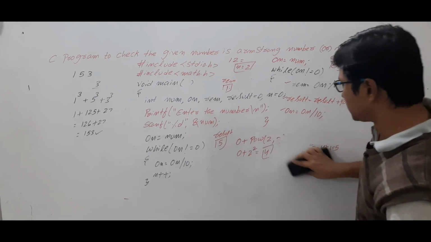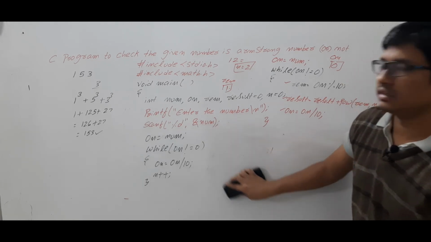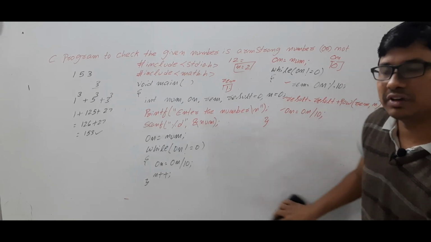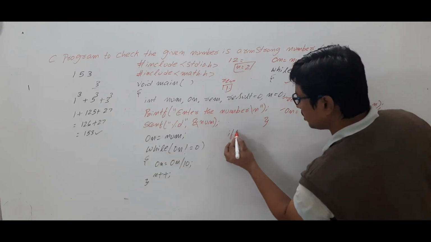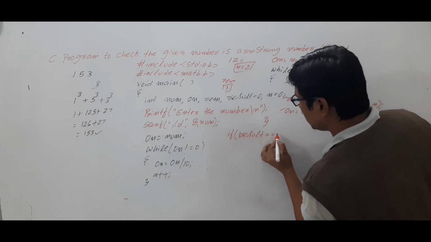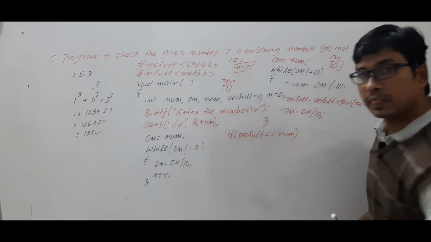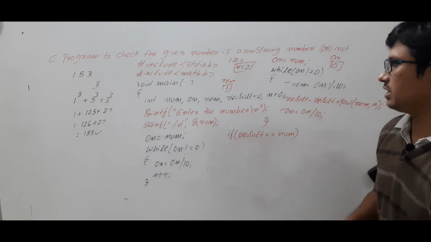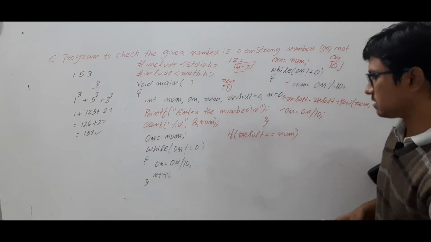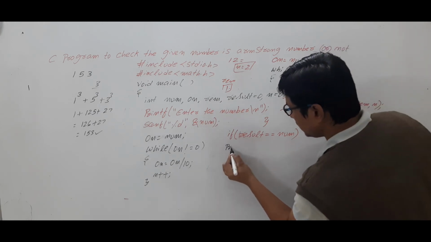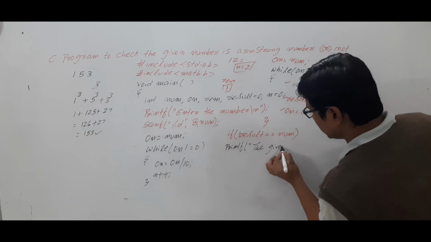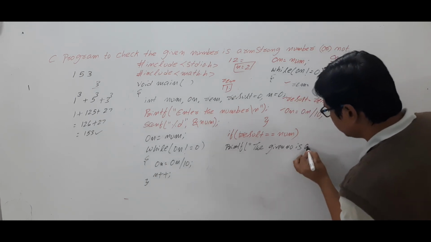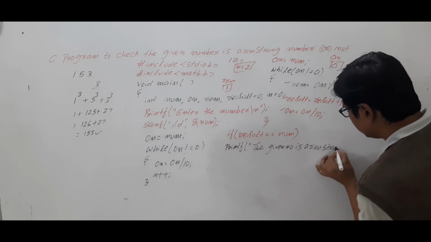Now what you need to check is whether the result you are getting is equal to the given number or not. That is the final thing you need to do. So you will write a statement: if result is equal to given number num, then I can say that it is an Armstrong number. You can write printf that the given number is Armstrong number, or you can write Armstrong.